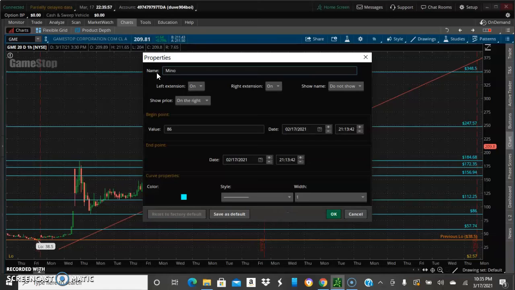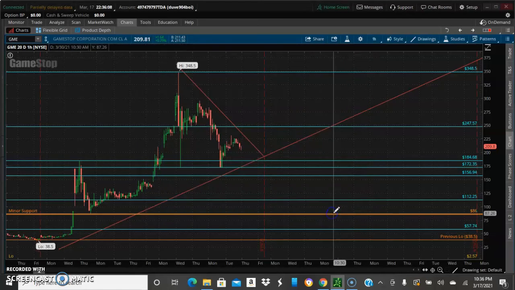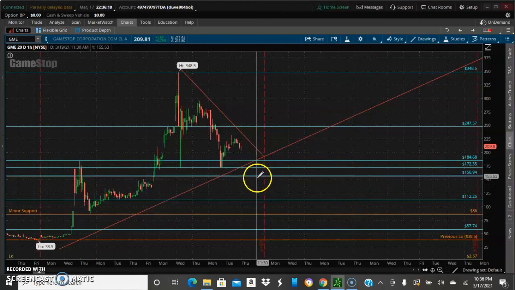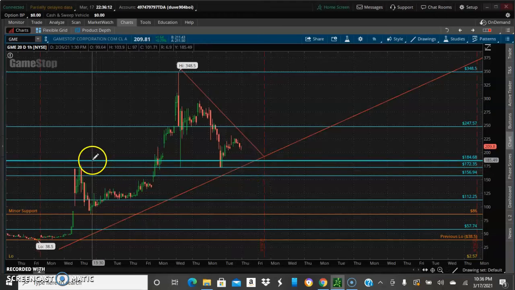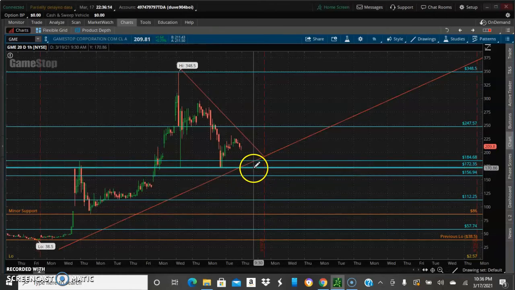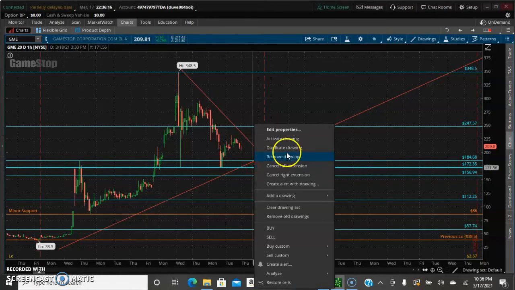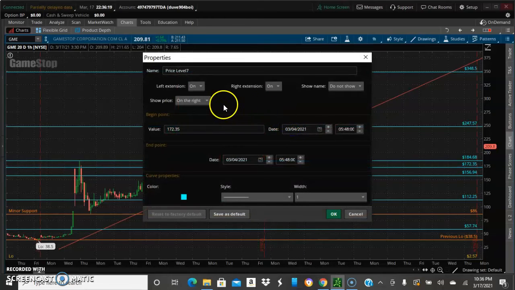Call this a minor support. So let's color that one orange as well. Another support level here. This was resistance at this level, but the support was here at 172.45.